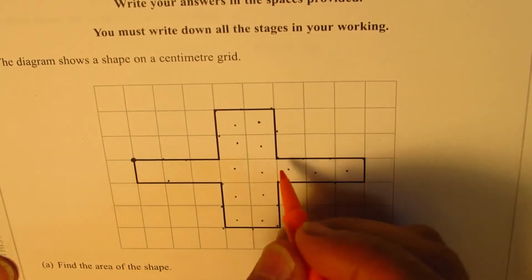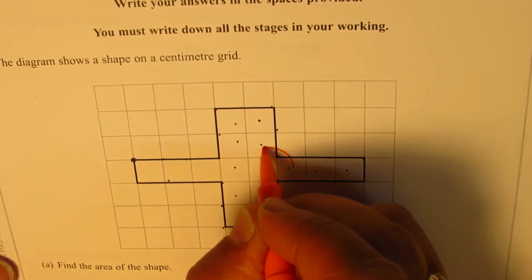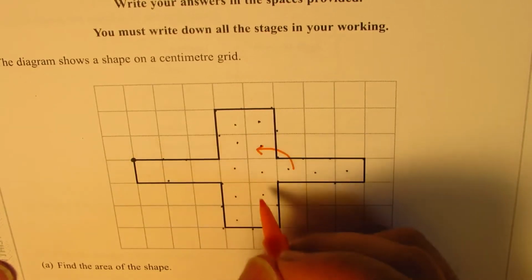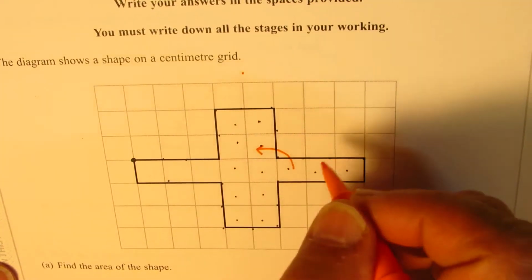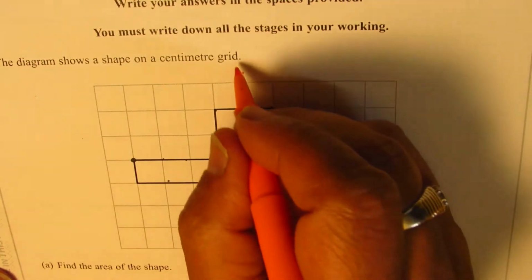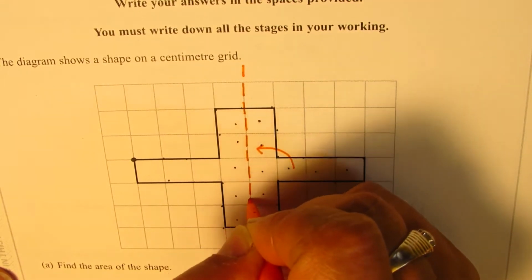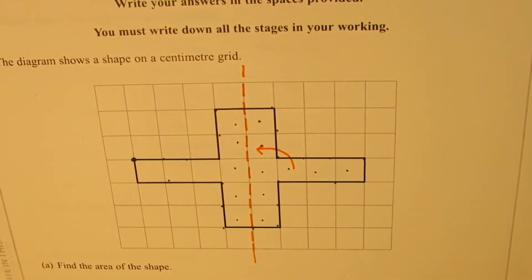So one could be if you rotate it 90 degrees. So what you have here, if you do rotation symmetry, these are the 2 axes about which this is symmetrical.